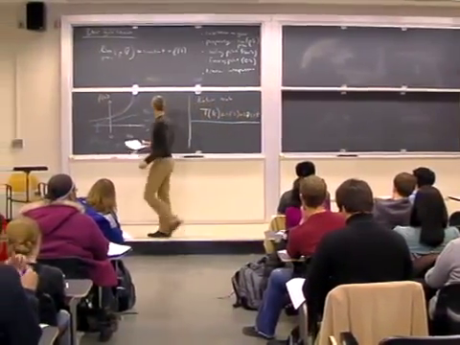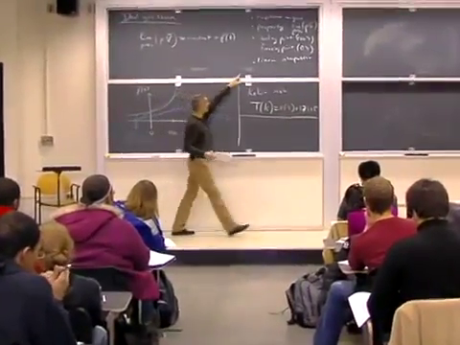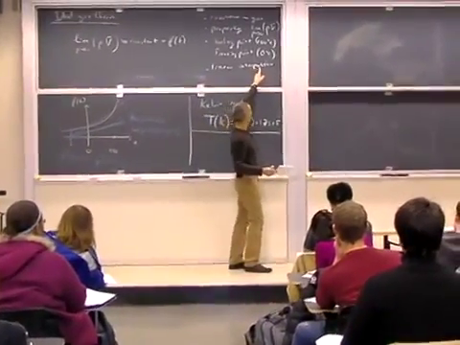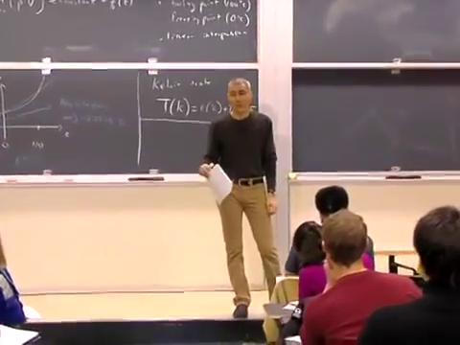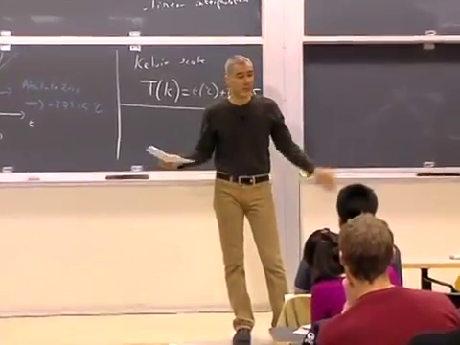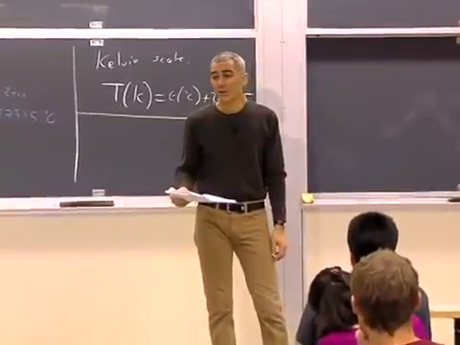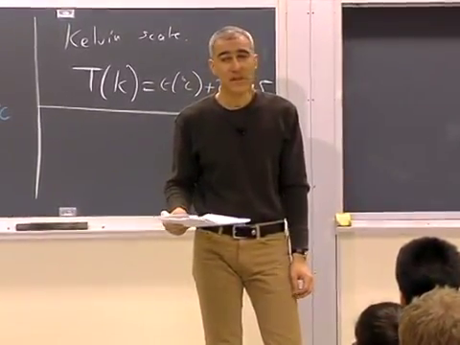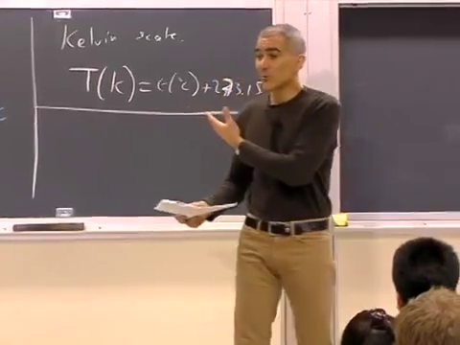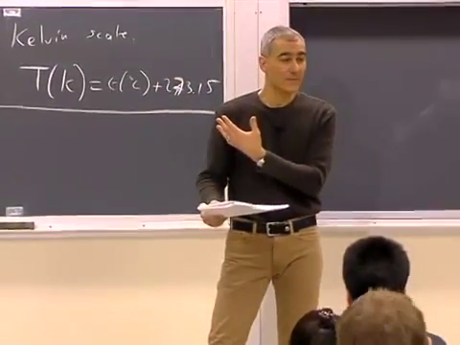Similarly, the boiling point, defining that at 100 degrees Celsius, well, that depends on the pressure. Depends whether you're in Denver or you're in Boston. Right? Water boils at different temperatures depending on what the atmospheric pressure is. Same thing for the freezing point. So that means that you've got to define the pressure pretty well.